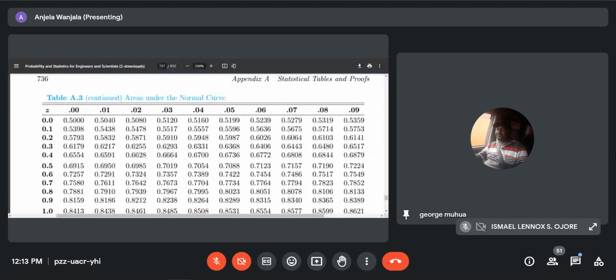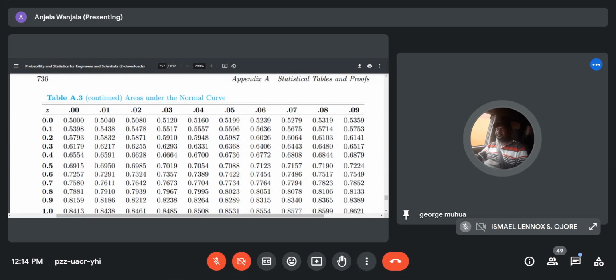I got 0.1676 as the final answer. What did you do? After standardization, I got the Z ranges from 0.06 to 0.5. So it is 4 minus 3 over 16, which is 0.06.